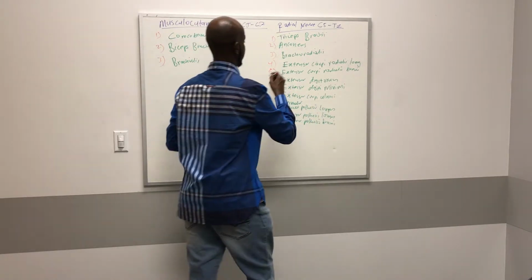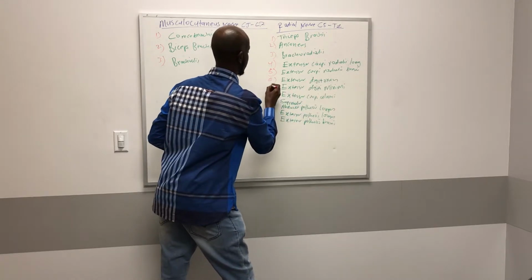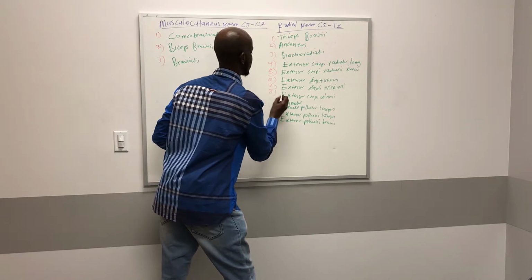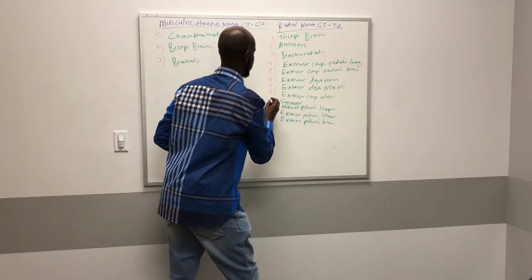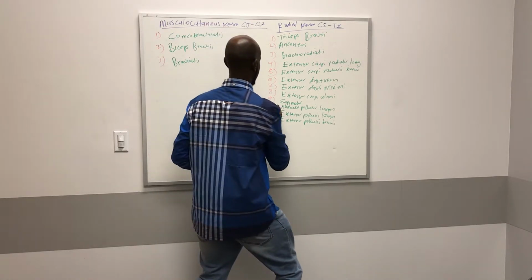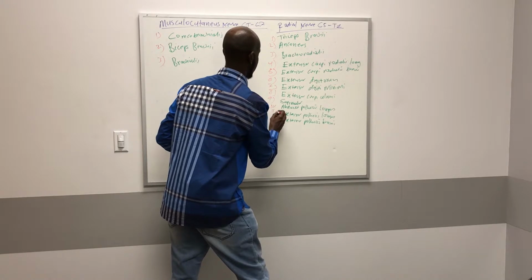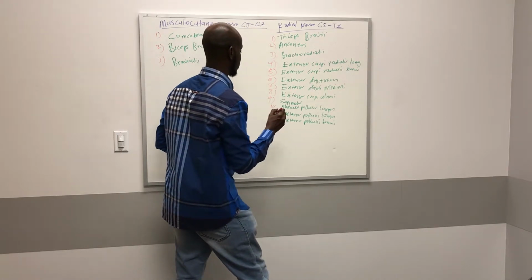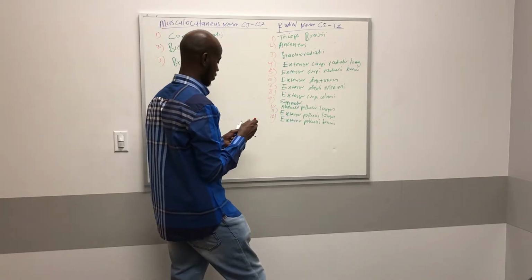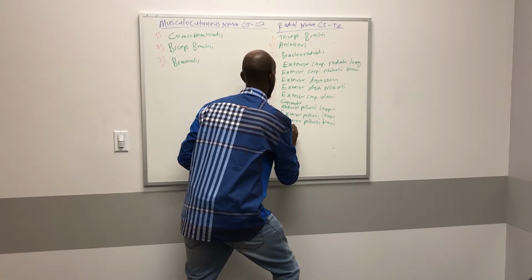Keep numbering them. Number 6, extensor digitorum. Number 7, extensor digiti minimi. Number 8, extensor carpi ulnaris. 9, supinator. 10, abductor pollicis longus. 11, extensor pollicis longus. 12, extensor pollicis brevis. And lastly, extensor indicis.